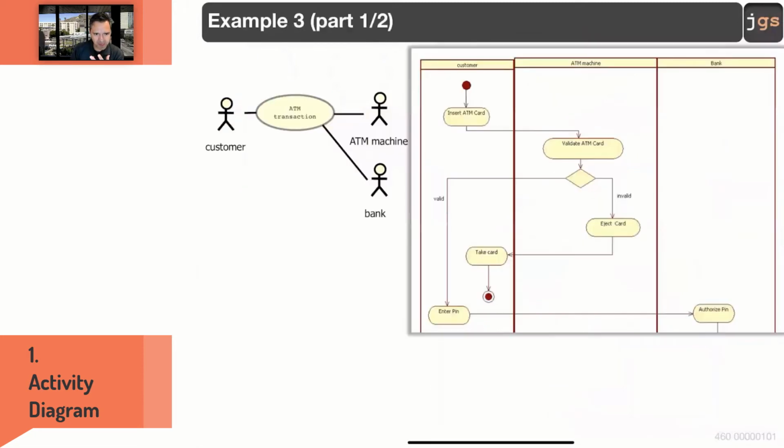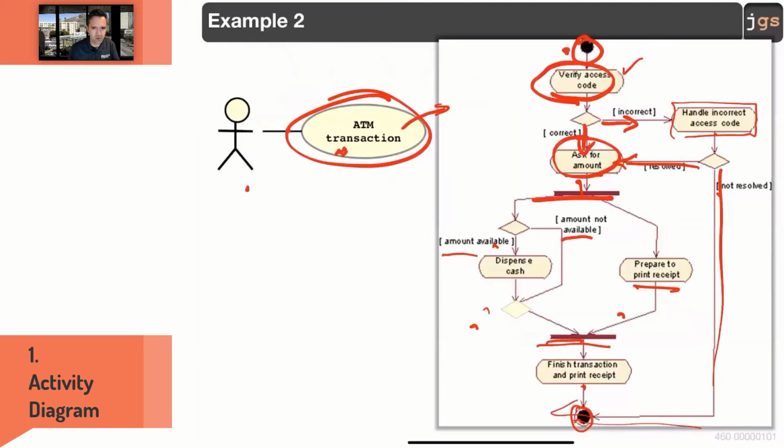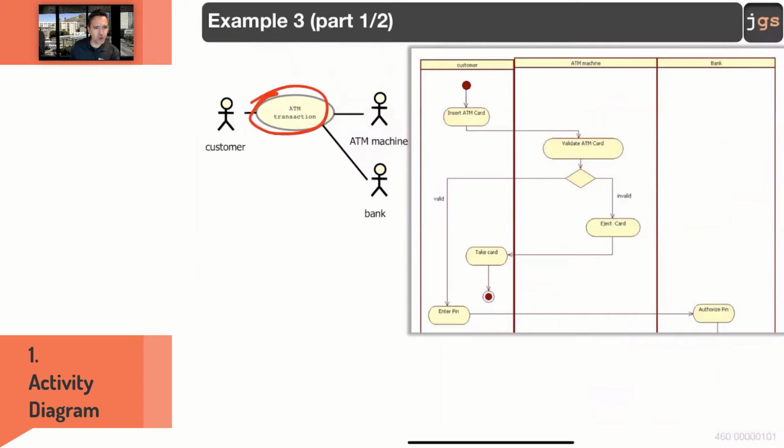But when you have a requirement that somehow involves several actors interacting, like the transaction in the ATM, we know that the customer is going to do something, what we describe here, but also the machine itself and maybe the bank are involved in the transaction.